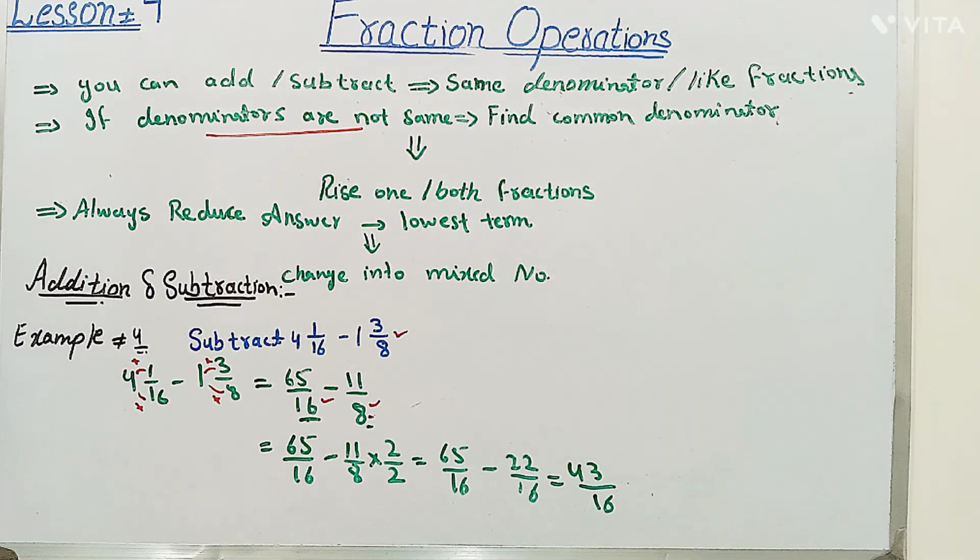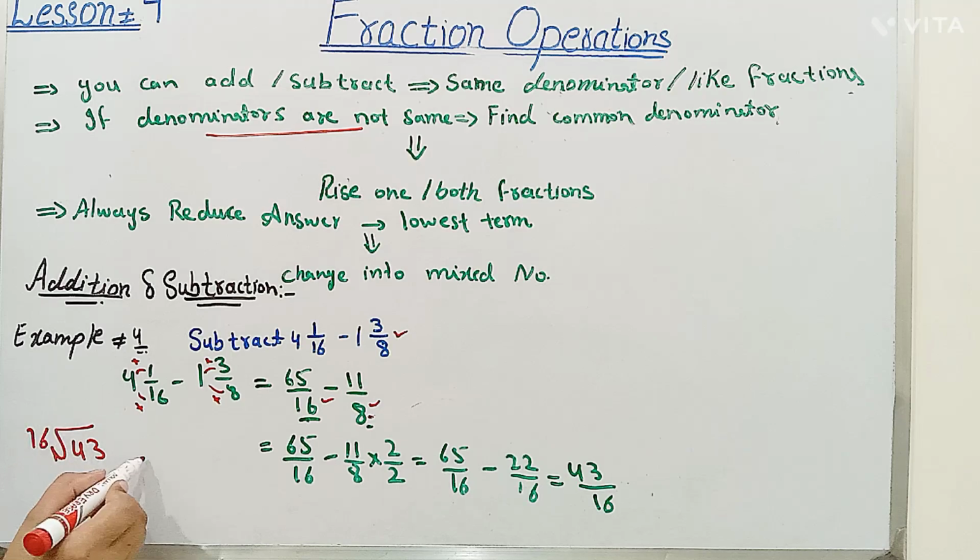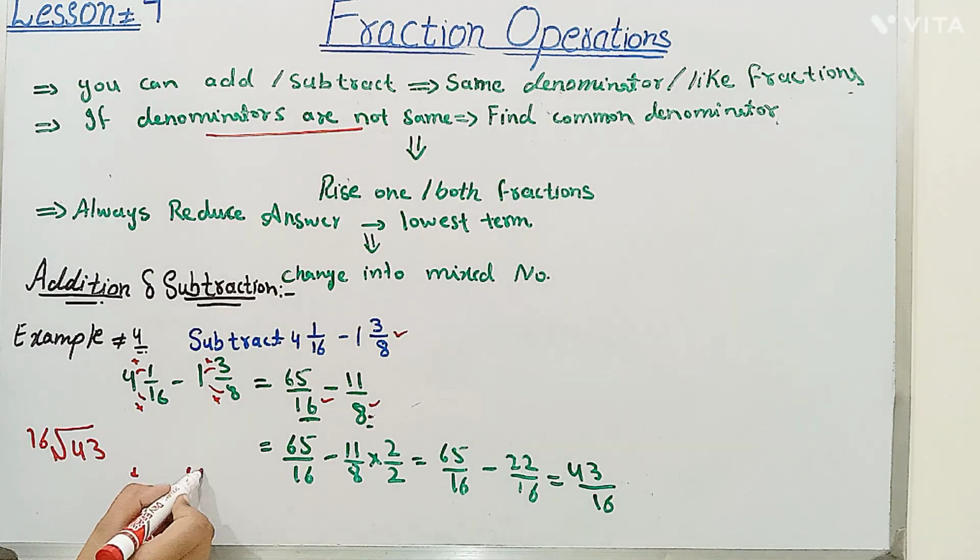How will we convert 43 over 16 into a mixed number? 43, 16. 16 multiplied by 2: 6 twos are 12, 2 ones are 2 plus 3 is 32. 16 multiplied by 3: 3 sixes are 18, 3 ones are 3 plus 1 is 4, 48.